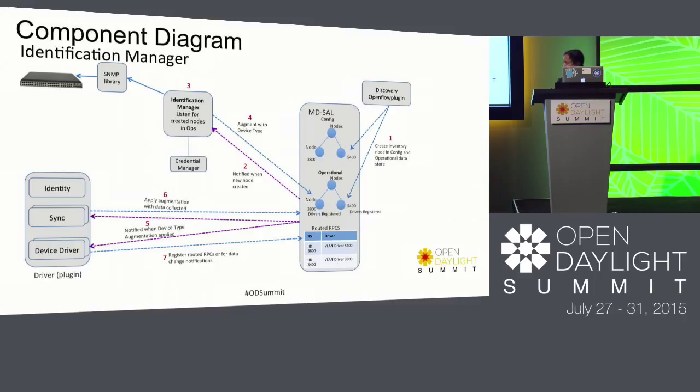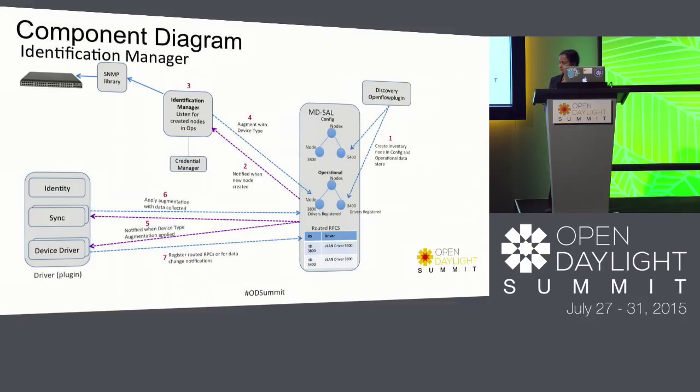So that's the first step. And then synchronization. Once the augmentation happens, when this driver plugin gets notified, it is going to synchronize the data from the device. Synchronization means it can either collect the data from the device or send data to the device. For example, in the HP 3800, we are not doing any synchronization, but this synchronization is widely used by manual discovery.